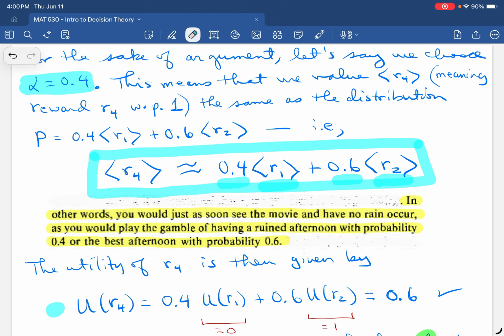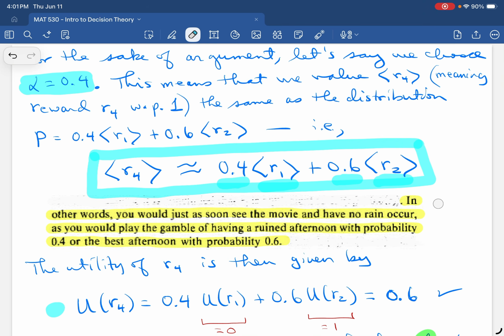And so we're going to value the reward R4 for sure just as much as we would value this probability distribution in which we experience the worst reward with probability 0.4 and the best reward with probability 0.6.